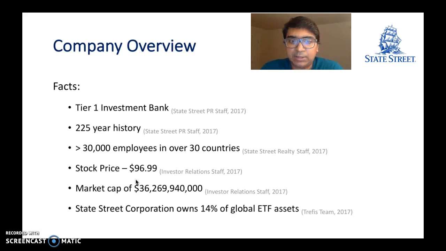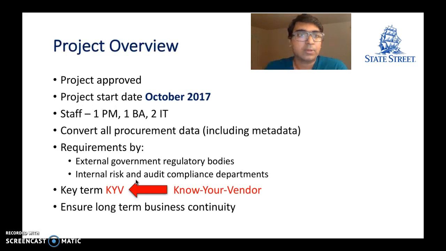And again, just a fun fact trivia: State Street currently owns 14% of your electronically traded securities. It could be fixed asset, it could be stocks. So 14% of global ETFs is a pretty significant amount, and I think this is something that we all can be proud of. Okay, moving on to the core project overview.